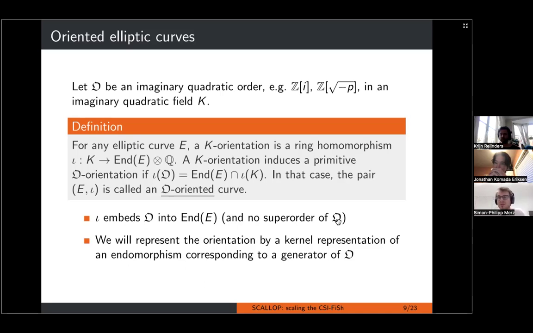You have an endomorphism, you just give its kernel. What's also quite standard by now is that you can represent endomorphisms not just by one kernel, but actually an endomorphism is a cycle in your isogeny graph, so you can also represent it by two kernels that meet somewhere in the middle. And that's how we represent it as well.